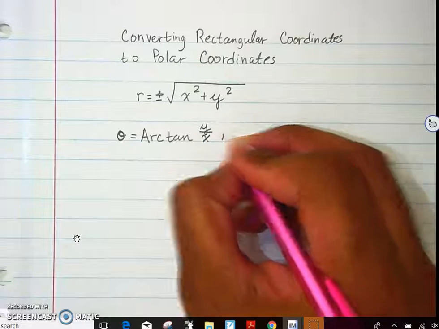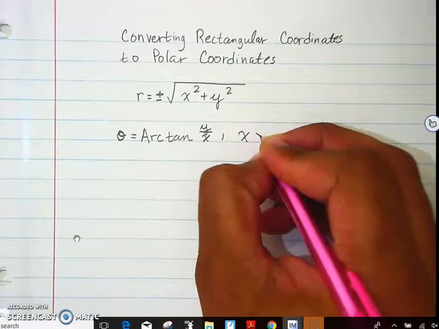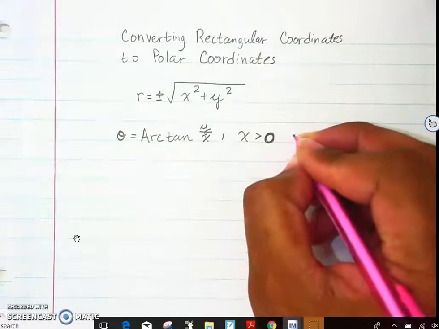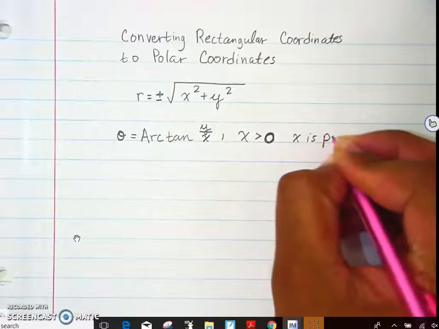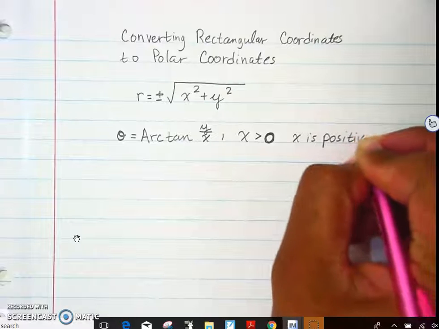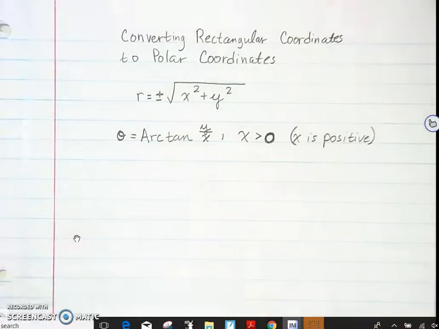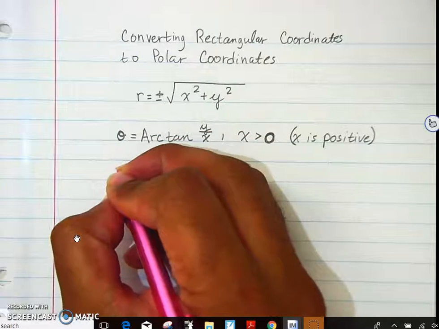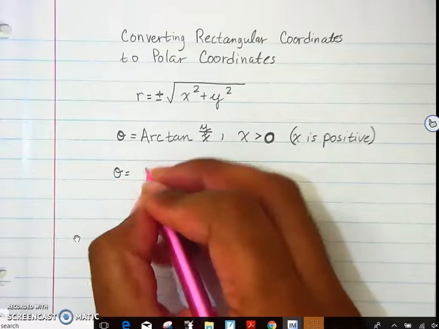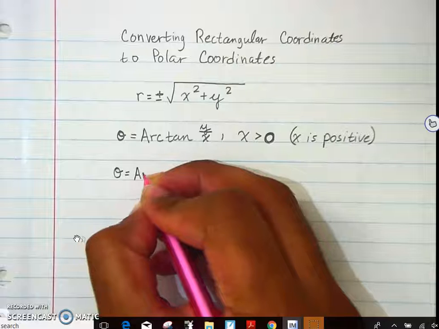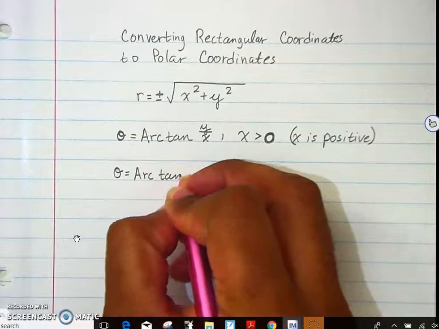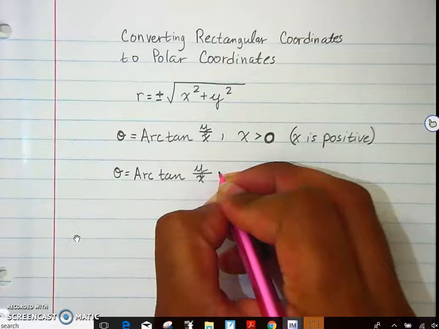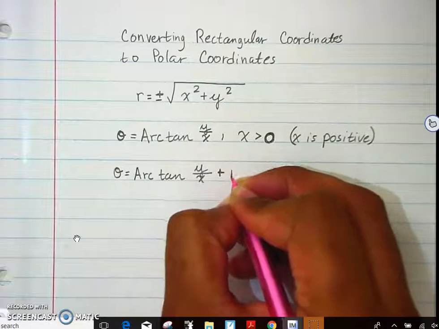And this is only used when x is greater than 0. So when x is positive, that's when we use this first one. When x is negative, we still use arctan, but we do plus pi.